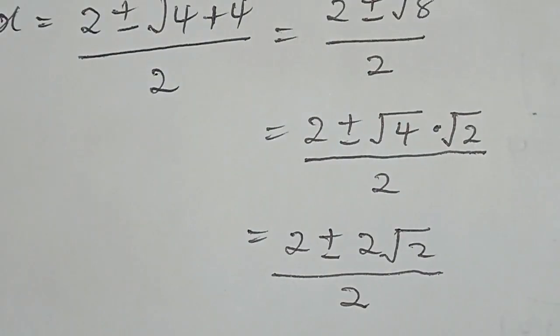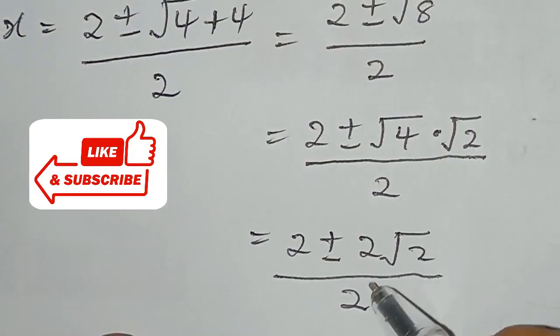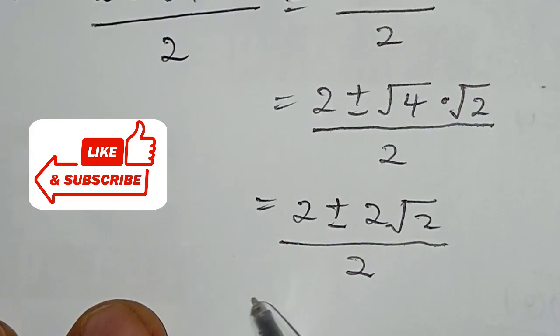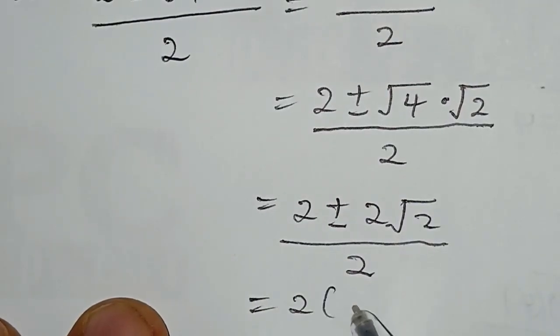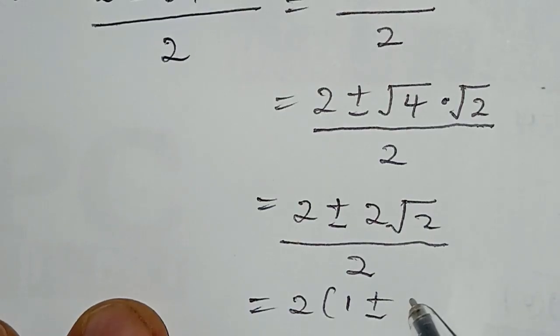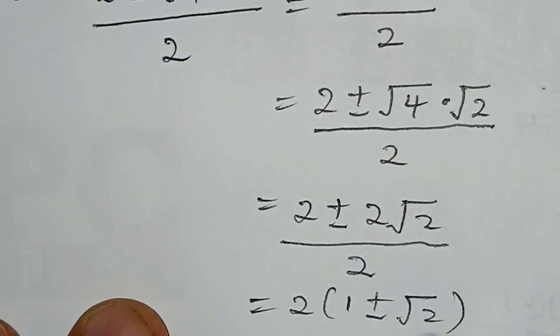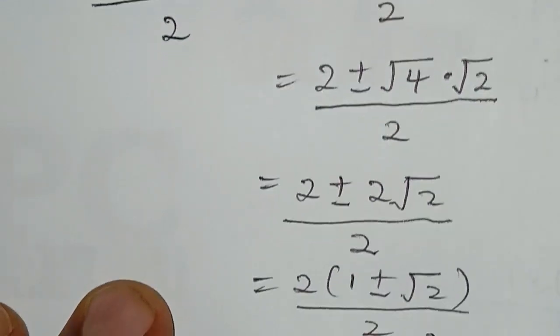So we have that 2 is common, so we can factor that out. We have that to be equal to 2 into bracket 1 plus or minus the square root of 2, then over 2.